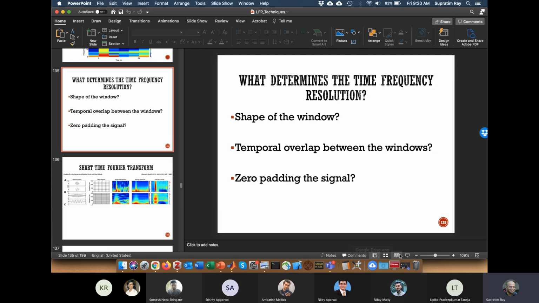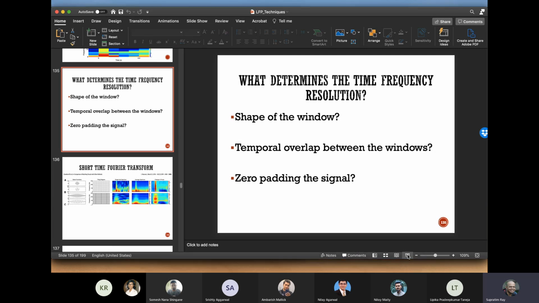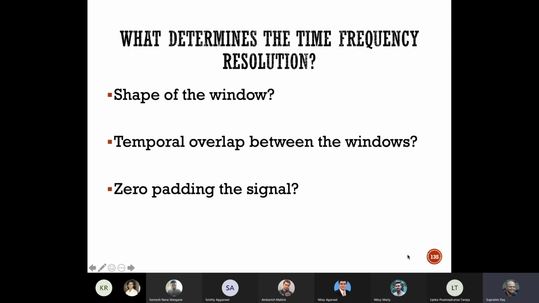Okay, so we often see even now that people just append a bunch of zeros and say, hey, now my frequency resolution has improved. That is just not right. And trivially, it cannot be the case because just by adding zeros, how can I improve the frequency resolution? It's the same logic that we have seen here applied now in the time frequency.